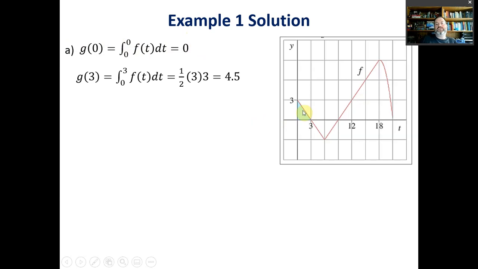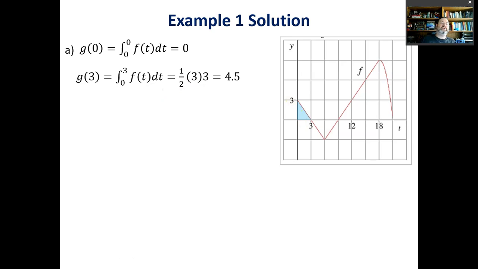So now we're looking at this little blue triangle here. So g of 3, that's the area under the curve from 0 to 3. So we start at 0 and we move over to 3. So what happens here? Well, this is a triangle, right? So it's 1/2 base times height. The base is 3, the height is 3, so you get 4.5.